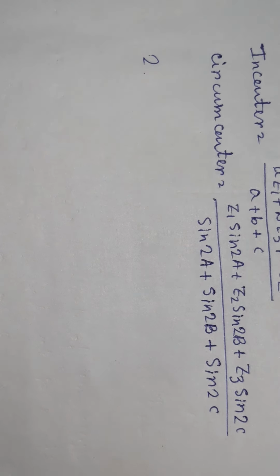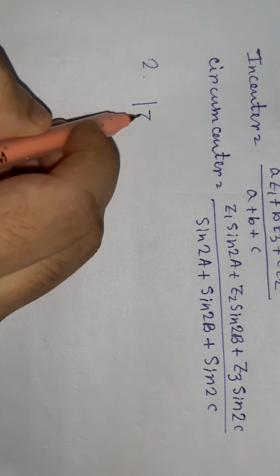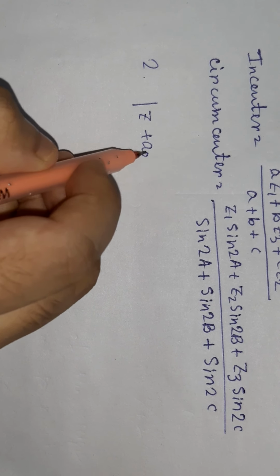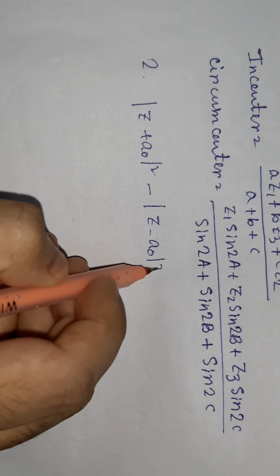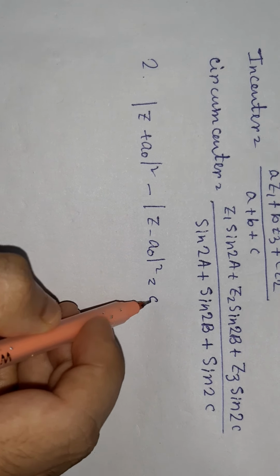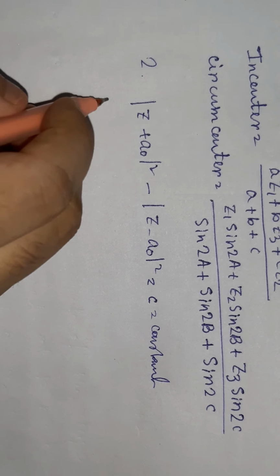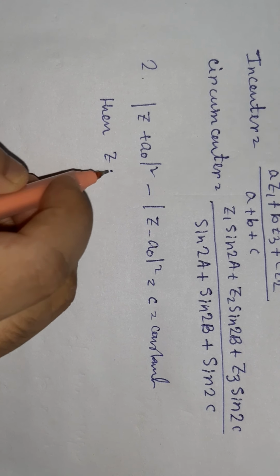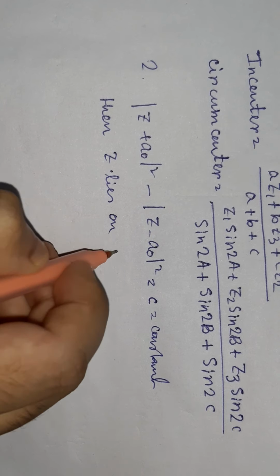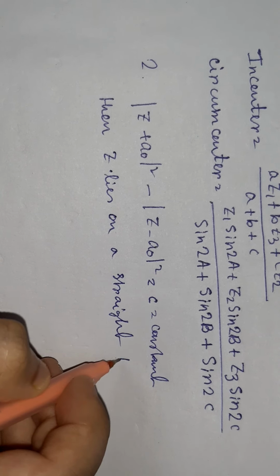The second point is, if we have an equation in the complex plane like modulus of z plus a naught squared minus modulus of z minus a naught squared is equal to c, where c is a constant, then z lies on a straight line.